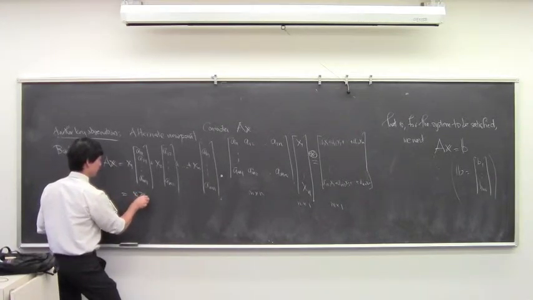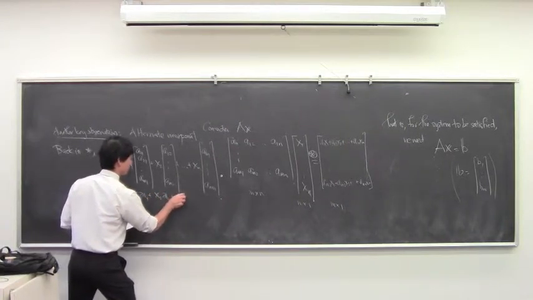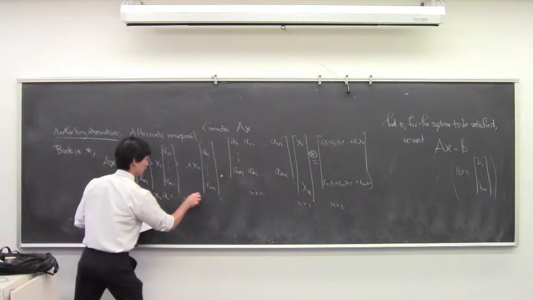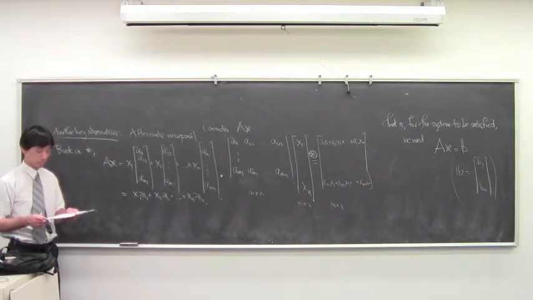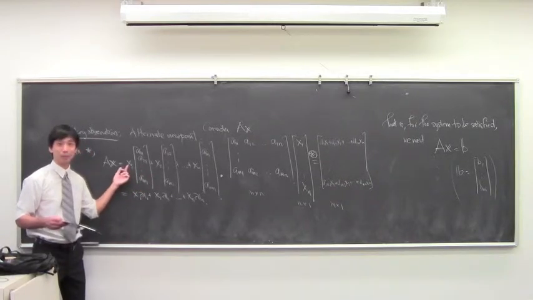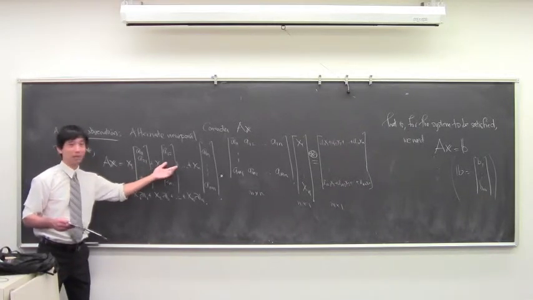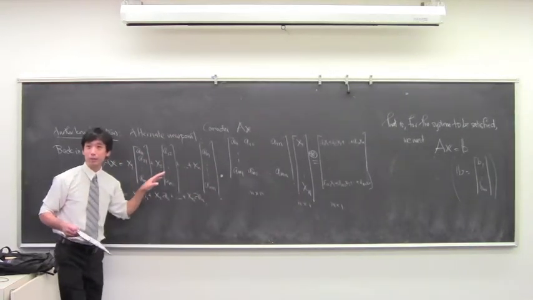That is to say, I could write it like this: x1 times the first column of A, x2 times the second column of A, xn times the nth column of A. Everyone okay with that observation? All we're saying is, if you multiply this by that, multiply this by that, and add them all together, then you get AX. Okay, everyone all right?